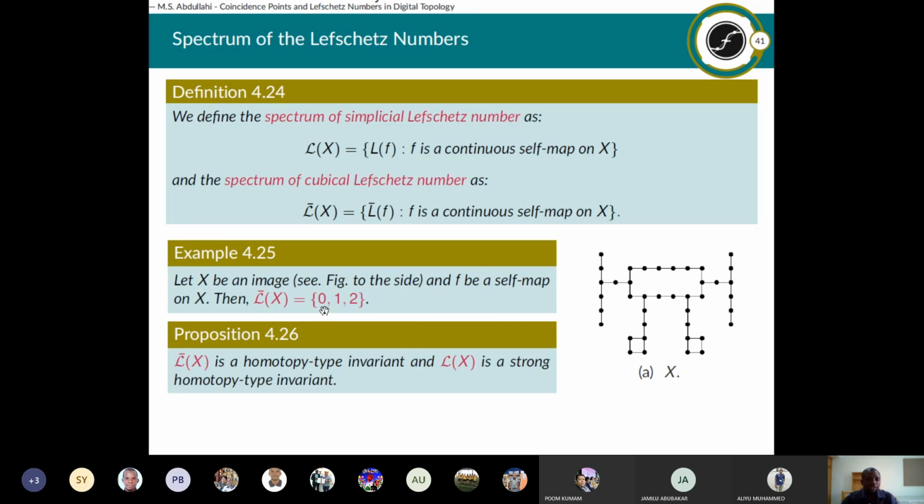So we know there is a function with Lefschetz number 0, a function with Lefschetz number 1, and a function with Lefschetz number 2.